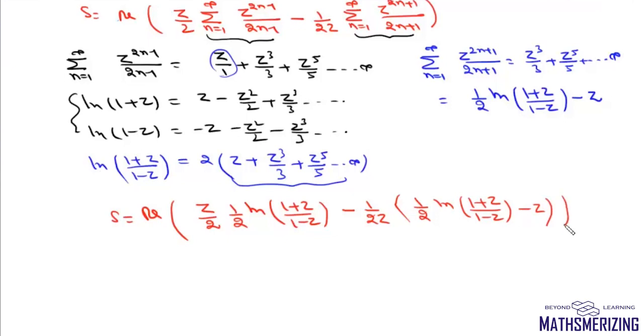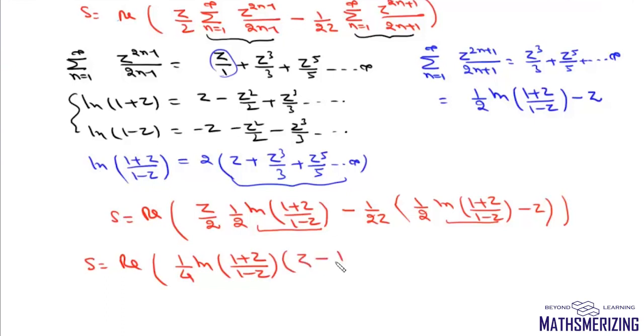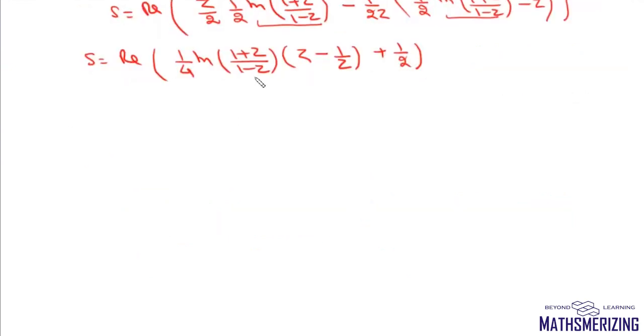Now we'll take this log (1 plus z upon 1 minus z) together. So we can write this as the real part of, and then I'll take 1 by 4 log (1 plus z upon 1 minus z) common, and then here I'll get z minus 1 upon z, and then if we multiply this minus 1 by 2z with minus z, we'll get plus 1 by 2.